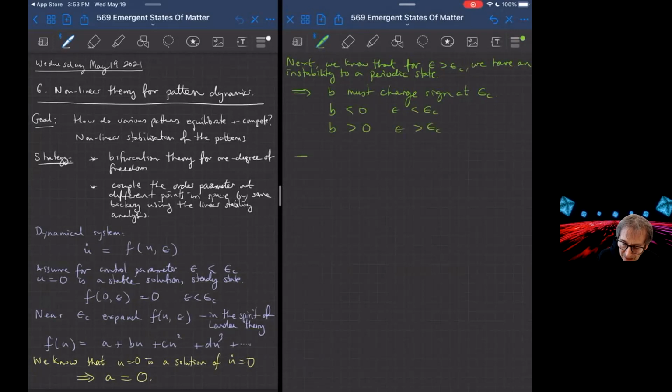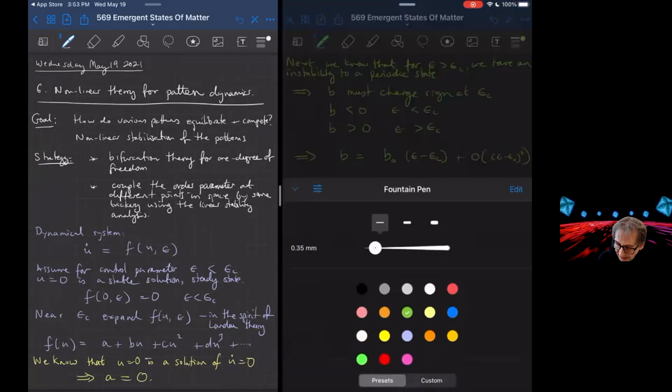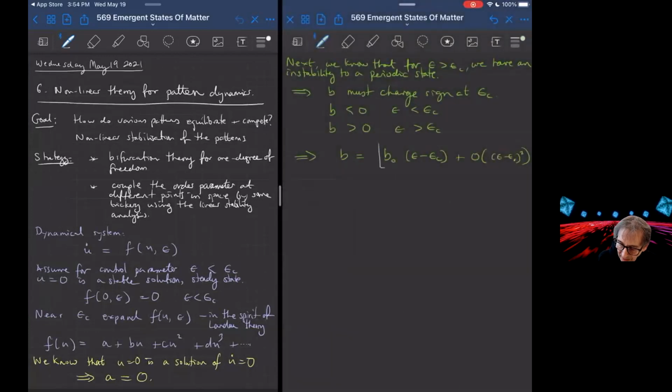And so from that we can write b as b naught times epsilon minus epsilon c plus higher order terms in epsilon minus epsilon c squared. And all we're going to be using here is just this lowest order term. And of course, in this expression, b naught is greater than 0.